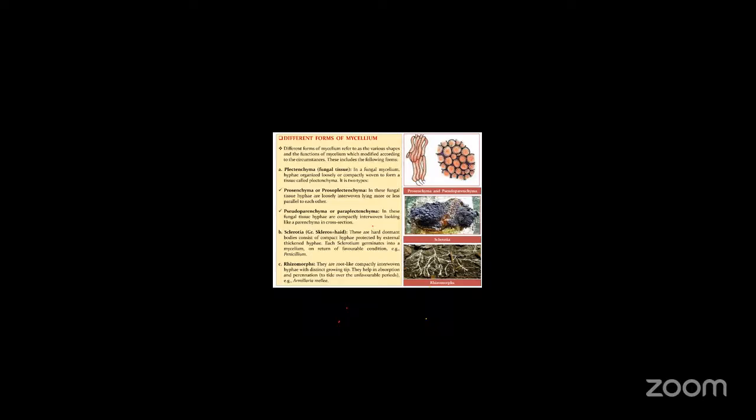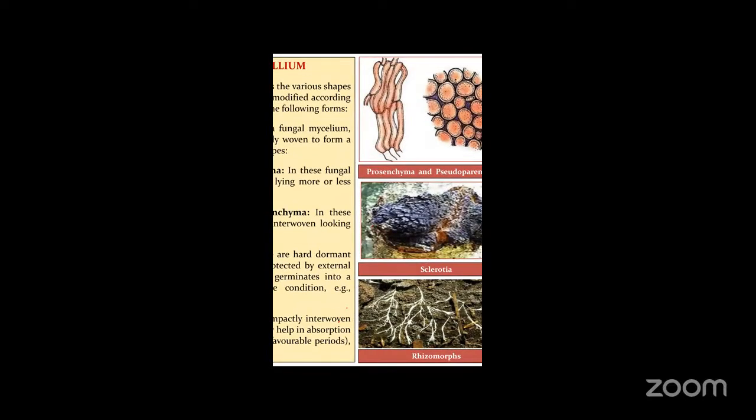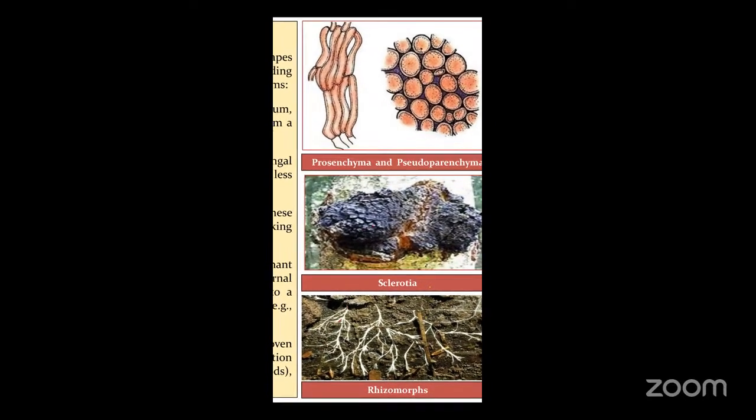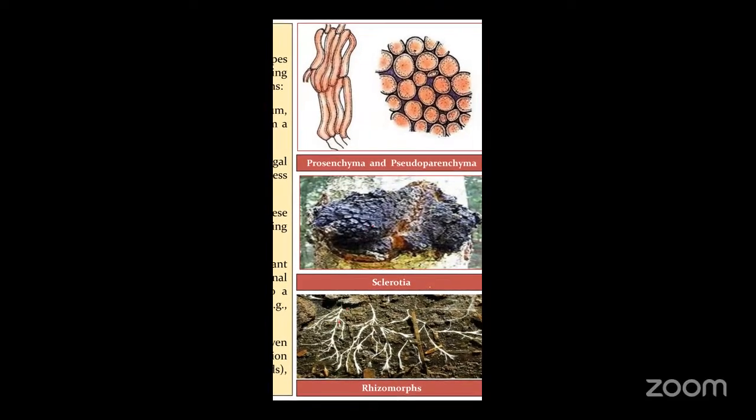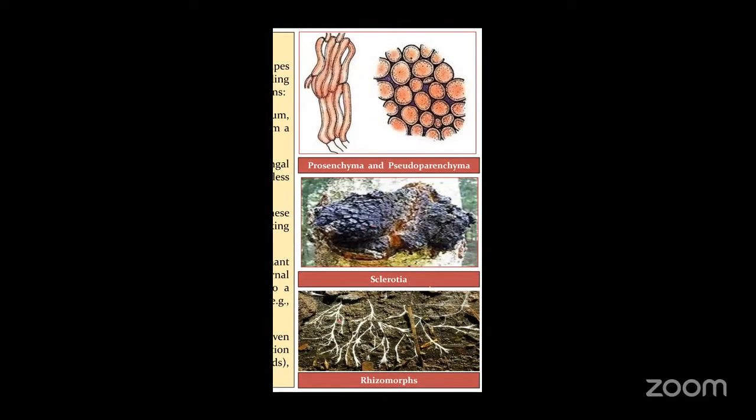Coming to the sclerotia. Sclerotium is a Greek word. These are hard dormant bodies consisting of compact hyphae protected by externally thickened hyphae. In the diagram you can see prosenchyma and pseudoparenchyma.